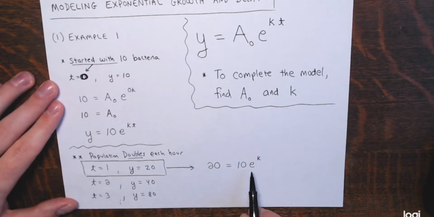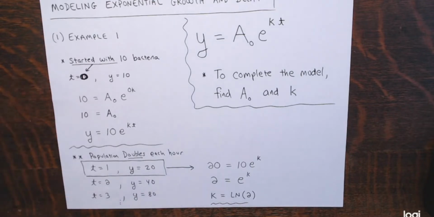I would divide both sides by 10 to have 2 on the left now equals e to the k. Remember, you get that base and power alone. Then we change to exponential form, logarithmic form. So k would be the natural log, the log base e of 2. And here's the value of k.